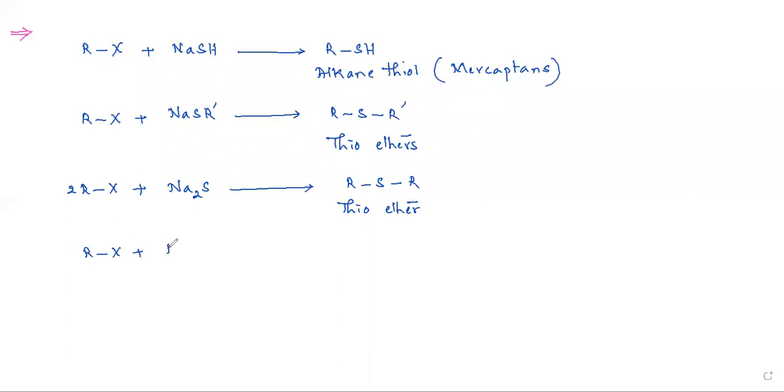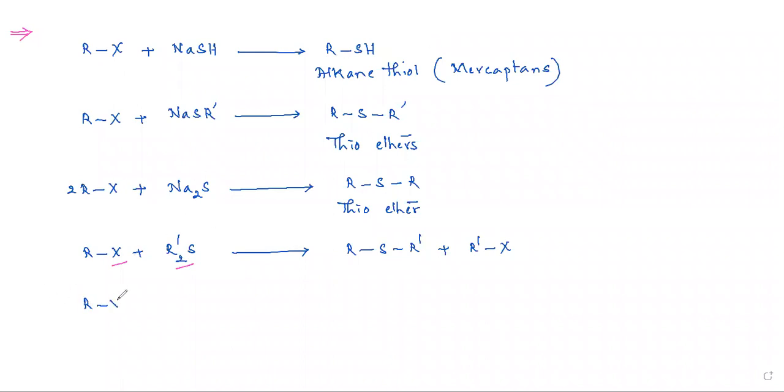Alkyl halide with a dialkyl sulfide. Even here also we get a mixed thioether. Along with this we get an alkyl halide. Right. One R dash with this X. Next.